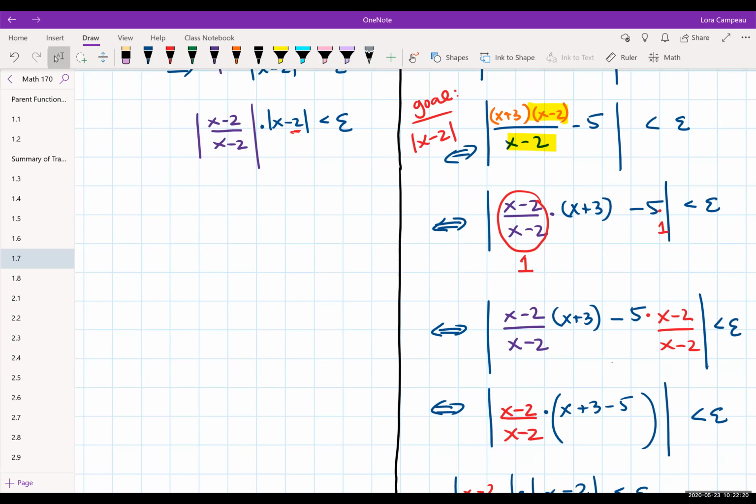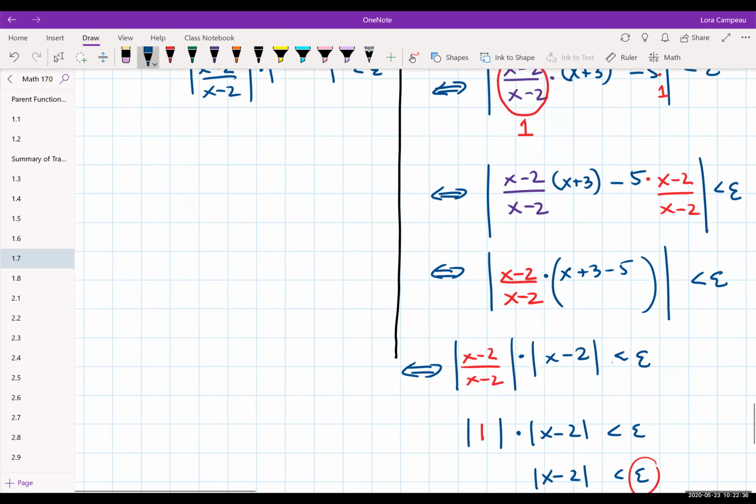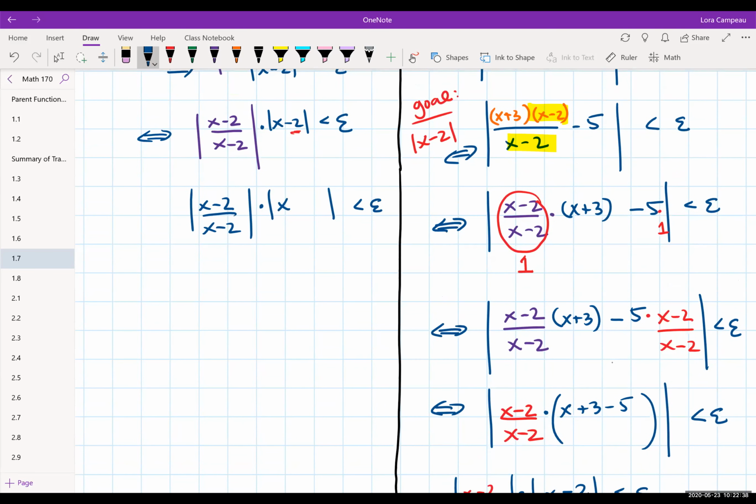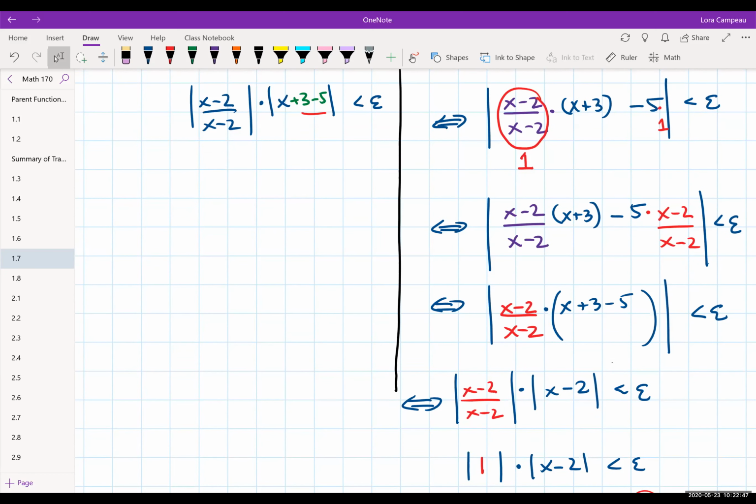I'll keep it a little bit nicer for you guys, just go step by step. x minus 2, and this part right here, still less than epsilon, if we look backwards, was x plus 3 minus 5. So we broke up the negative 2 into a plus 3 and a minus 5, just so that we all can see that. And once we're able to do that, we can talk about where this all came from.